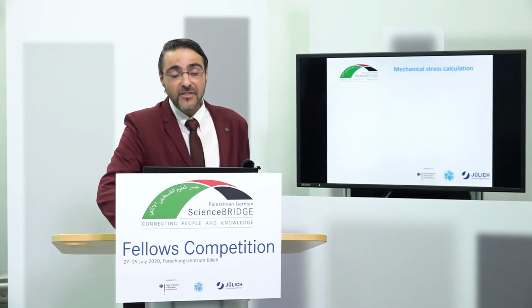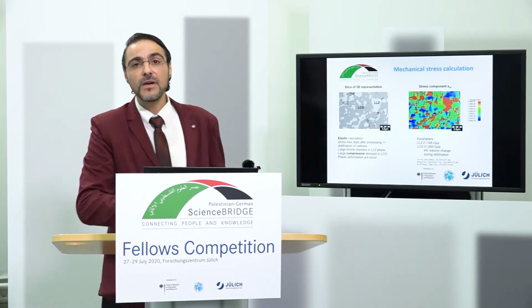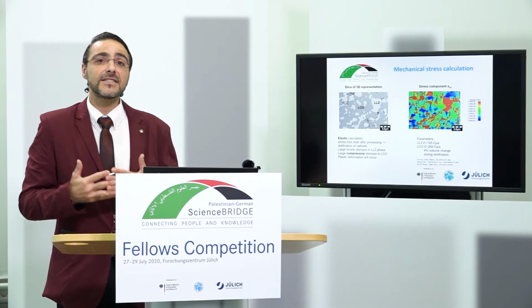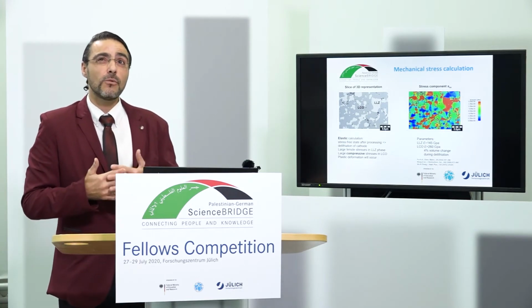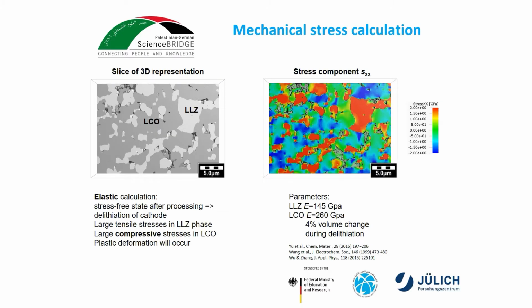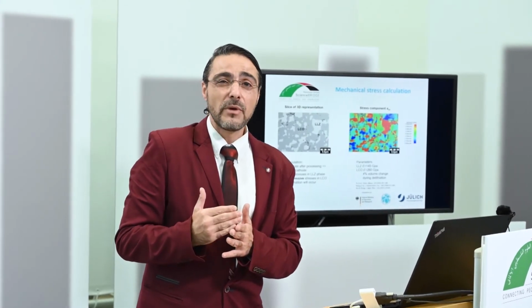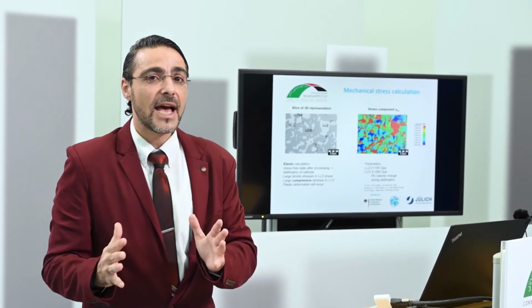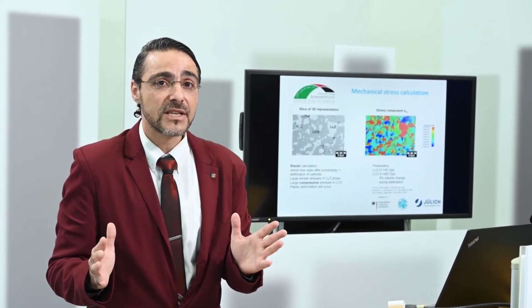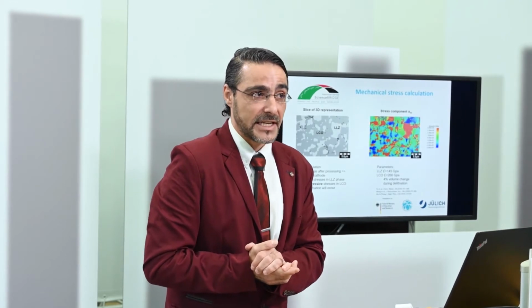So after finishing this, we are going to make the mechanical stress calculations. But we know this scenario. The scenario is that we have a stress-free state after processing, and then after delithiation, we know from the literature that the LCO will have a high compressive stress, while the LLZ has a very high tensile stress.